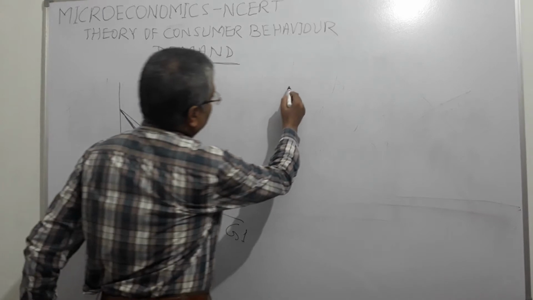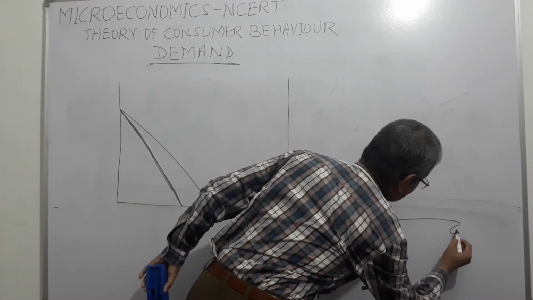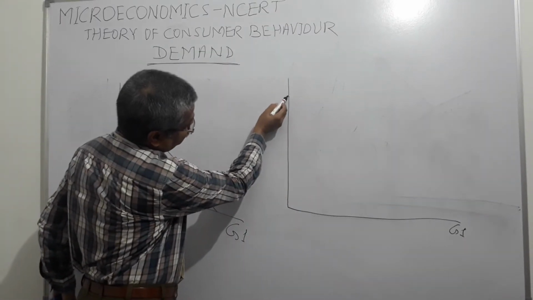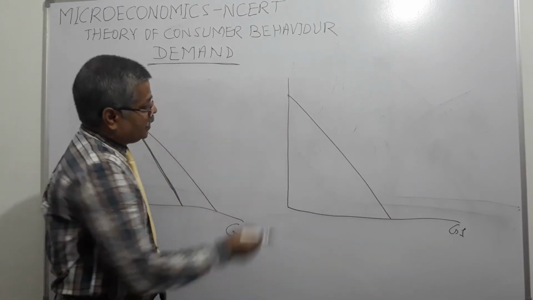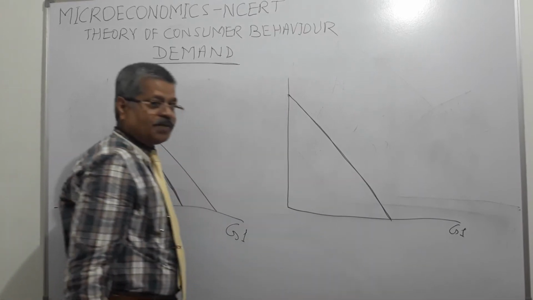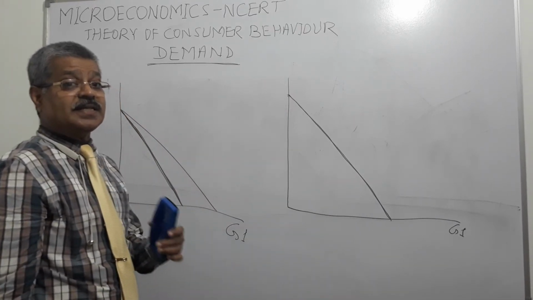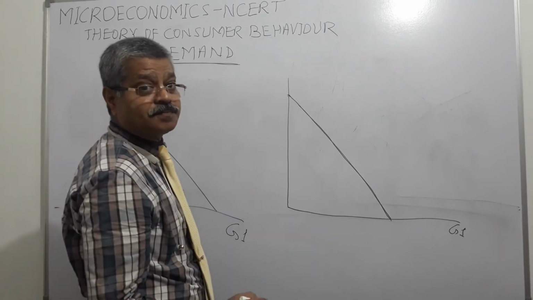Now suppose, in view of the reduction in the price of good 1, this is the original budget line, right? And the price of good 1 has gone down. So we are adjusting the income of the consumer. We are adjusting the M, income of the consumer. Then what happens?